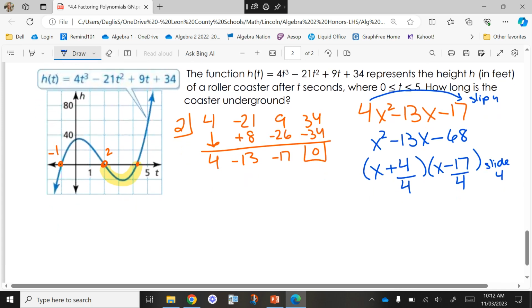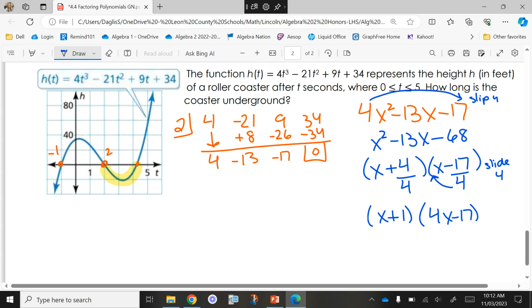So this factor becomes x plus 1. But this factor becomes, what, 4x minus 17? Because your denominator gets promoted up. Because 17 over 4 didn't simplify.